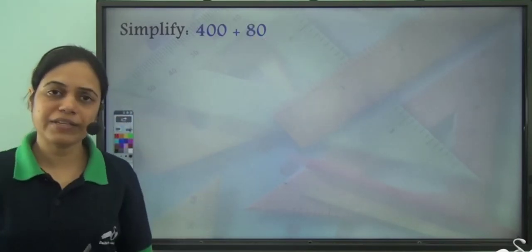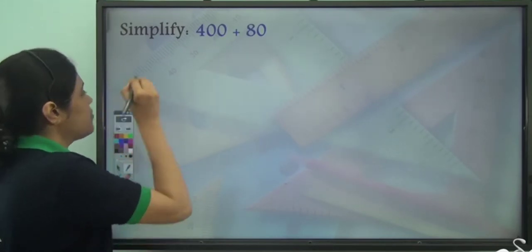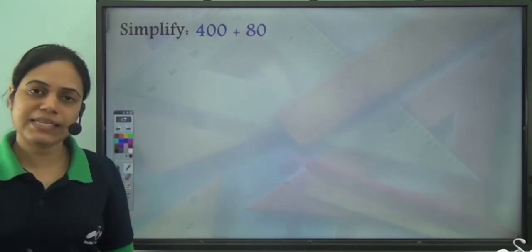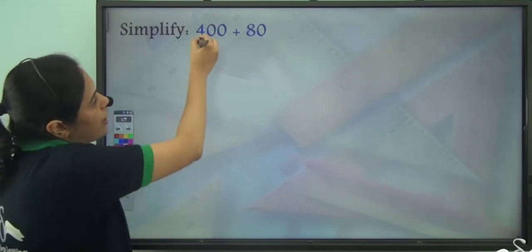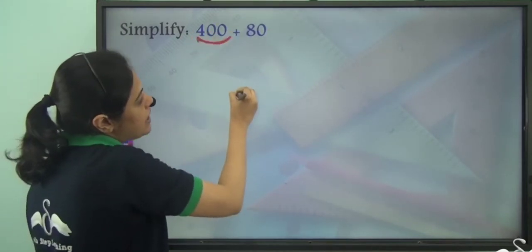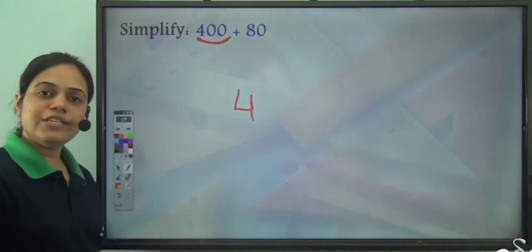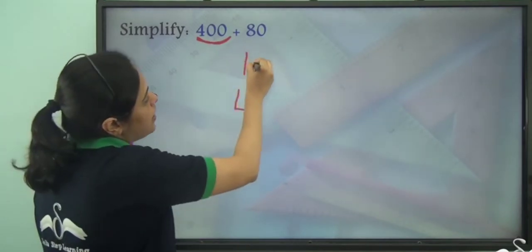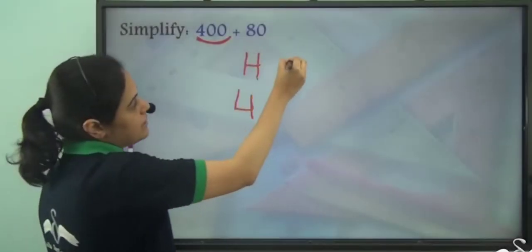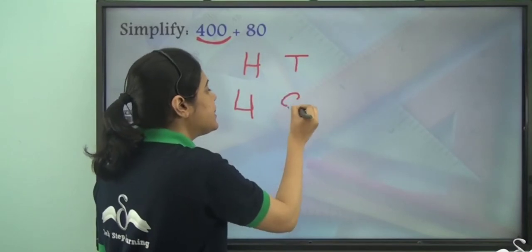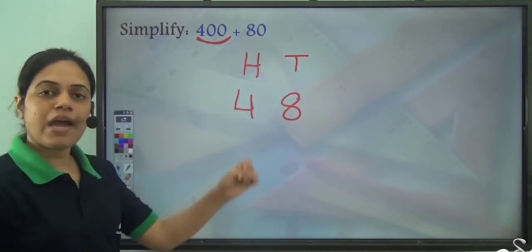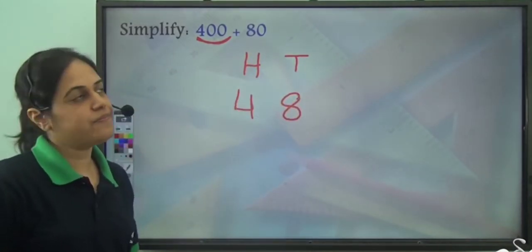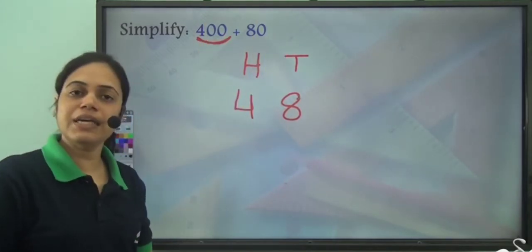Now let us simplify this. I have 400 plus 80. So 400 means there are 4 hundreds. So 4 is there in the hundreds place. 80 means there are 8 tens. So I have 8 in the tens place. And then we don't have anything.